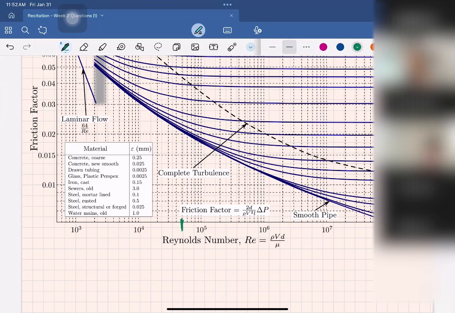It should be, not here, I guess. So we have E over D already here, and we have Reynolds here. And draw the curve. And again, if you stick with the question, it will be 0.0024.